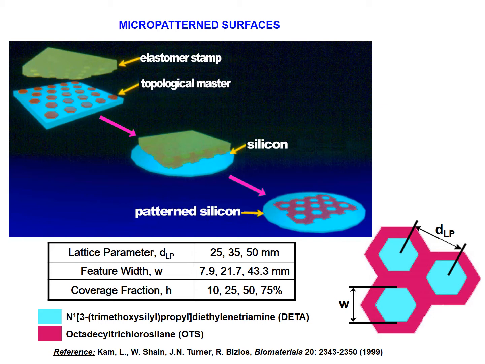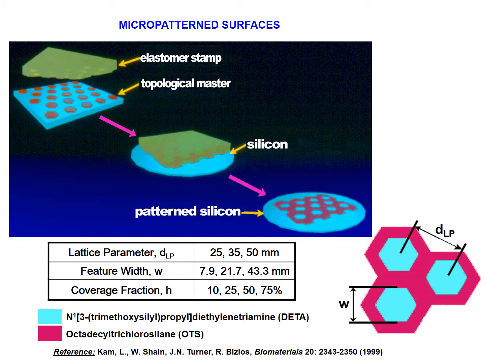You need at the beginning to have a topological master which has the negative impression of the pattern that you are after. You bring an elastomer stamp, which is a plastic, and you attach it on the surface of the topological master to form the impressions which you need to transfer.